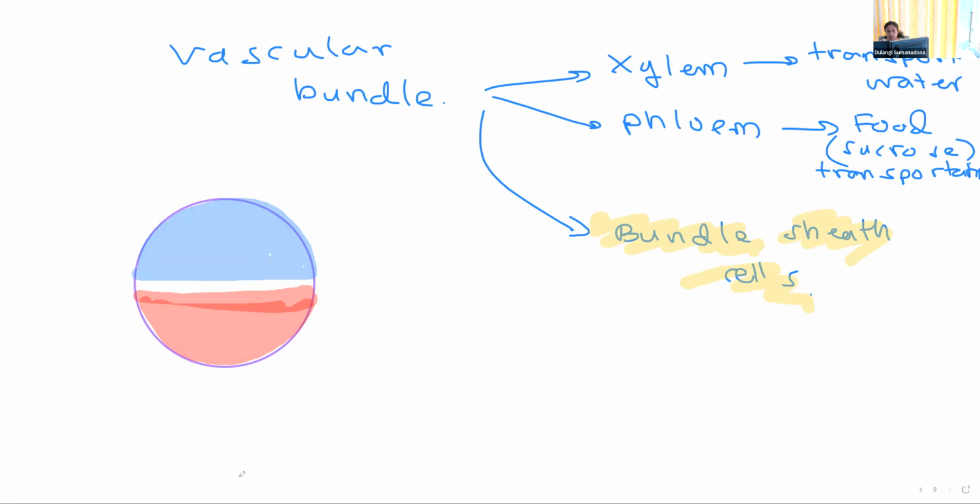Right, so this is what we drew as the vascular bundle last year, but a vascular bundle needs to be surrounded by bundle sheath cells. Can you draw lots of bundle sheath cells like this? So they look like bricks, one after the other, compacted bundle sheath cells. Can you label them?